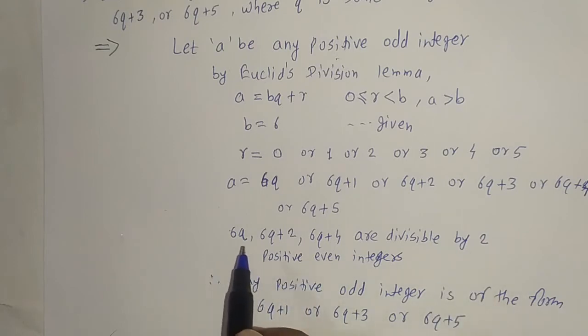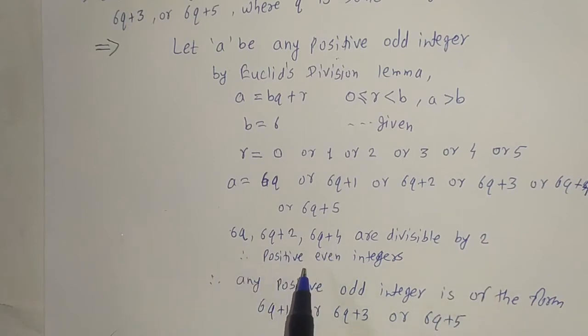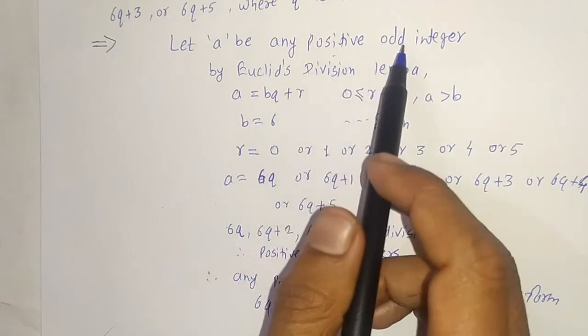Adding 0, 2 or 4 to 6q will always give a positive even integer. Hence this cannot be our answer because what we need is a positive odd integer.